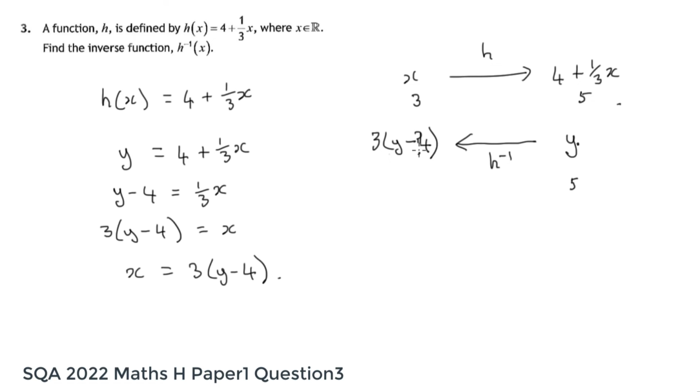So let's put 5 into this. We do the brackets first. 5 minus 4 is 1. 3 lots of 1 is certainly 3. So that works. 3 in, 5 out. In the inverse function, 5 goes in and 3 is returned back out.